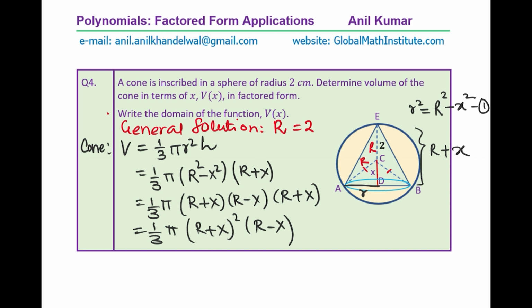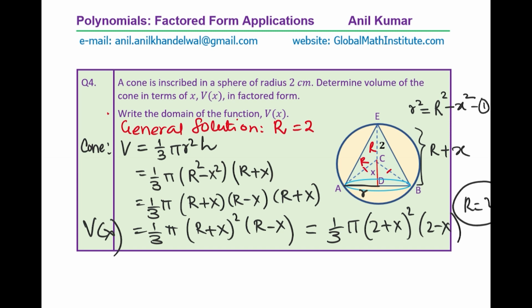So we get the volume as a function of x, which is 1 over 3 pi r plus x whole square times r minus x. Perfect. So that is the solution. You can always substitute 2 for r, right? So if I substitute 2, we get 1 by 3 pi 2 plus x whole square times 2 minus x. Is that okay? So for r equals to 2, as given in the question.